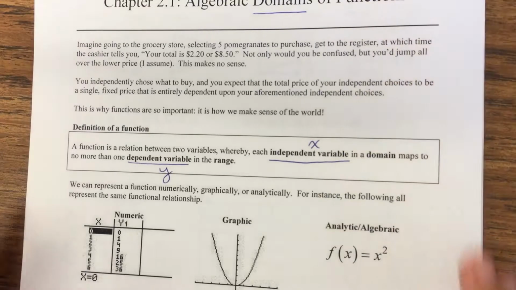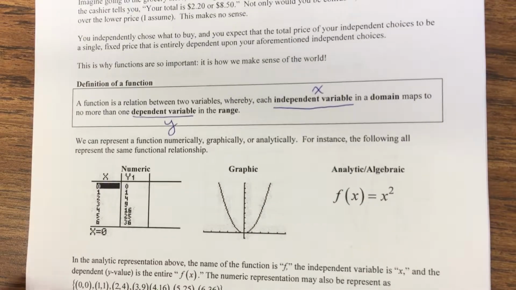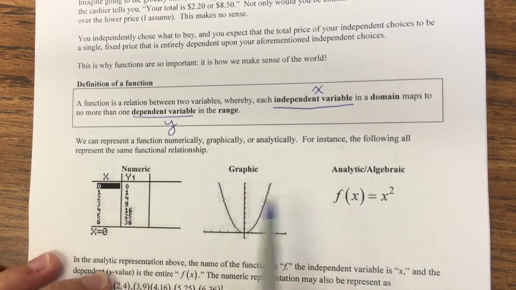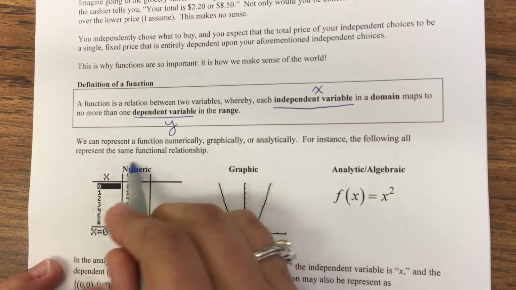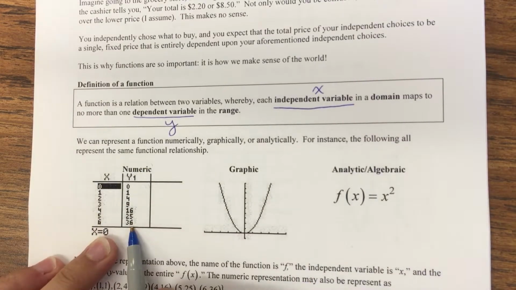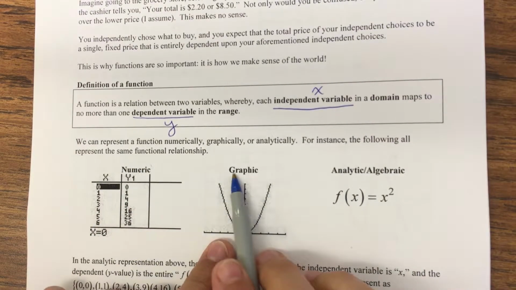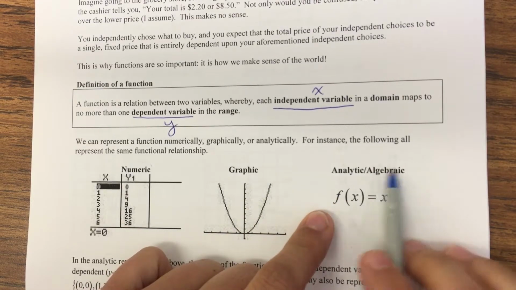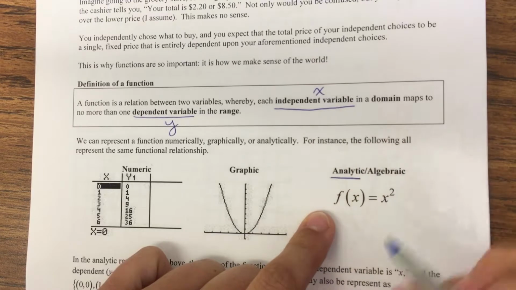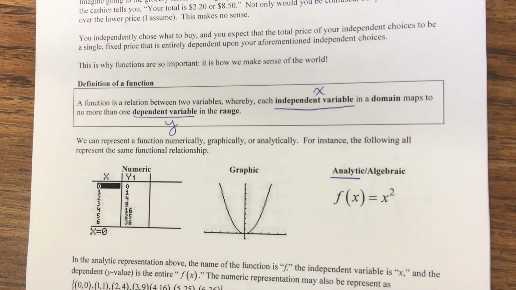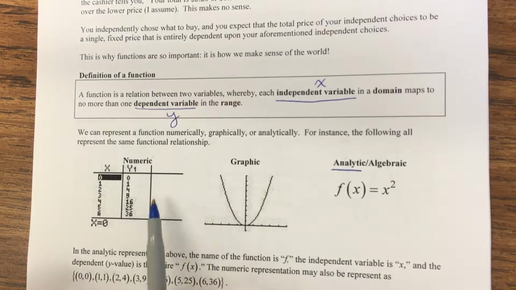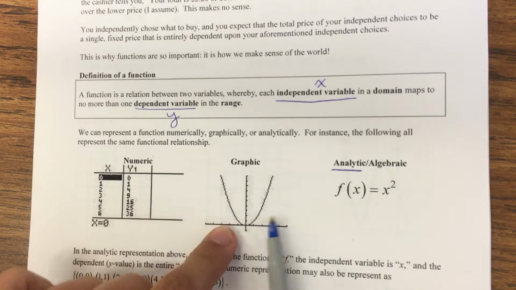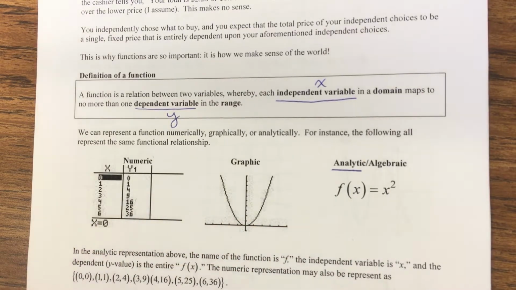And something that's important, especially in the study of calculus next year, is that there's different ways that you can talk about a function. You can talk about a function numerically, which is in terms of like a table. You can talk about a function graphically, in terms of a graph. And then analytically, algebraically, they usually call it analytically, in terms of some sort of function, okay? So sometimes you'll be asked to solve things numerically, or graphically, or analytically, and you need to know what the three mean, okay?